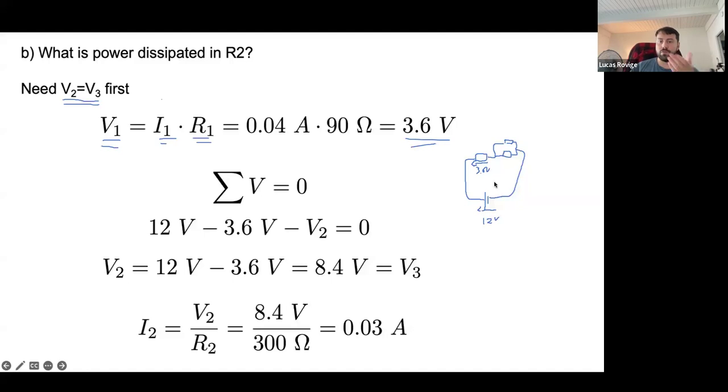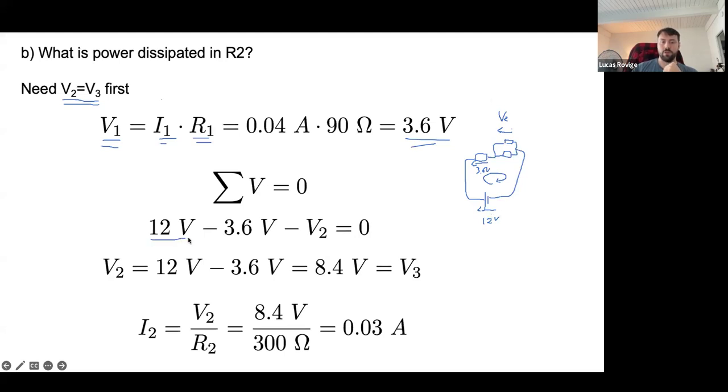And using the loop rule, we know that if we do this loop here, then we're looking for this, let's call it V2. It's also V3, right? It's the same potential. So we're looking for V2, and using the second Kirchhoff rule, or the loop rule, we know that the total potential across the loop is 0.